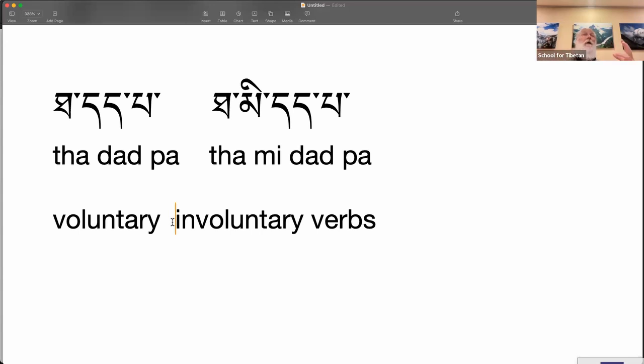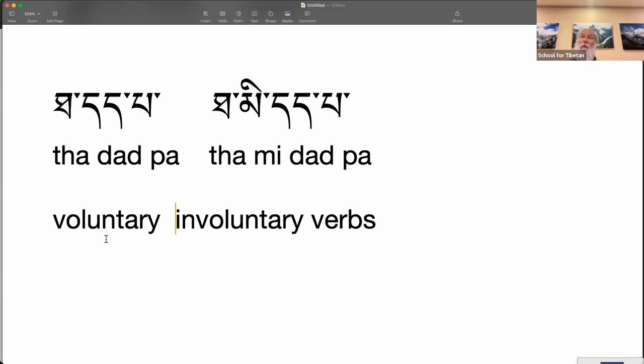Like you can reflect on something, or you can just sit there and your mind goes. It's involuntary. Or, for example, remembering. You want to remember something, but it doesn't stay there, you always forget. It is not under the control of the doer of the action if it happens or not.